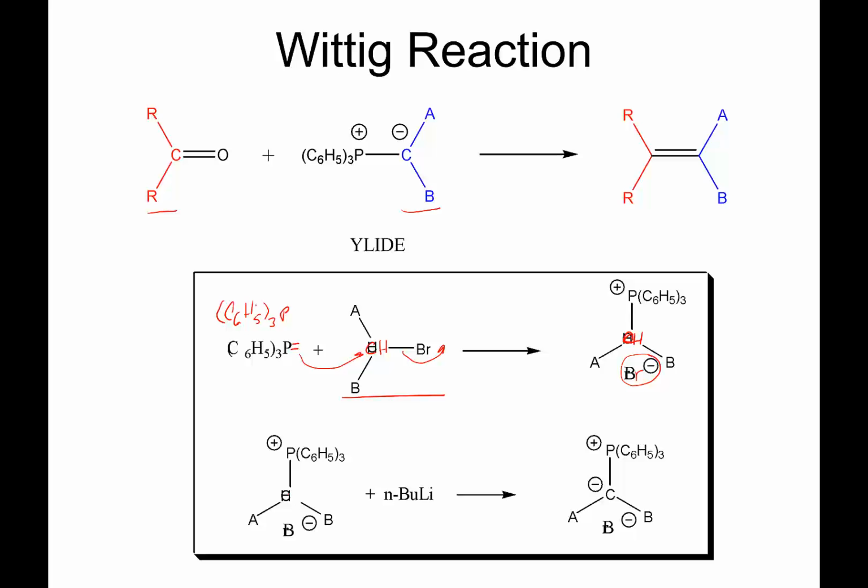Then I would like to take butyl lithium. Butyl lithium is four carbons with a negative charge. This is the lithium equivalent of a Grignard, much easier to work with.